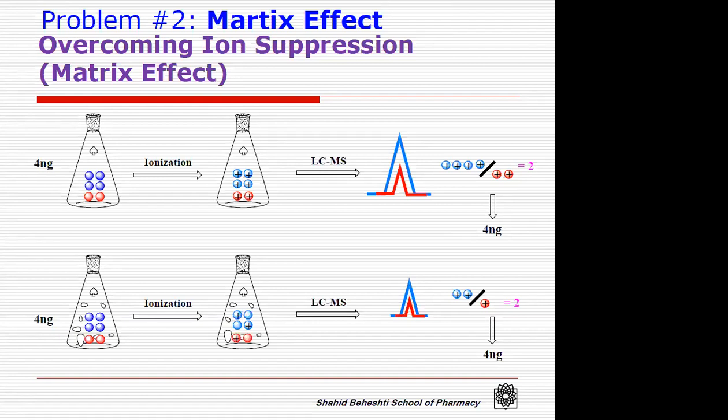As you see in here, I have 2 blue, that means the natural phenylalanine, to 1 labeled phenylalanine, and the ratio is going to be 2.